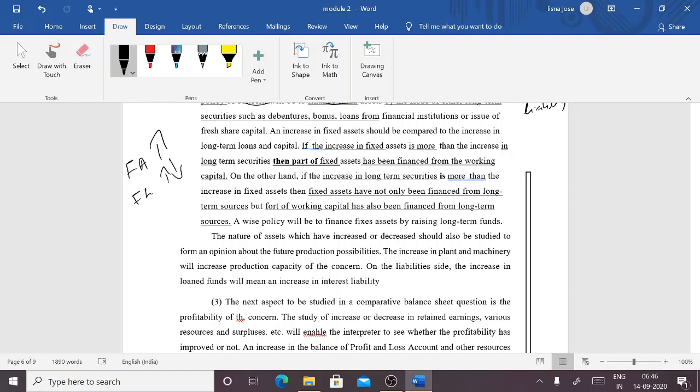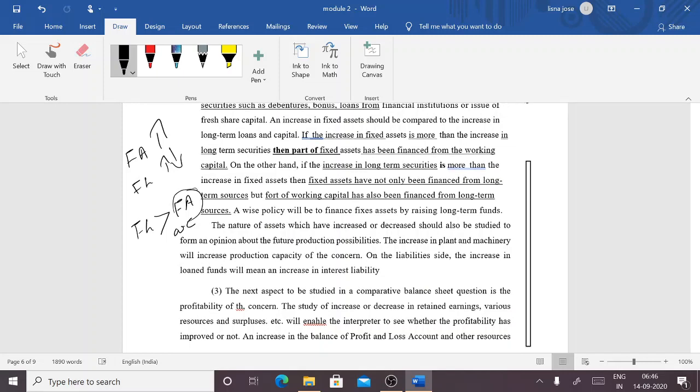Then suppose if fixed liability is greater than fixed asset, that means fixed asset is being financed from fixed liability, and also a part of working capital is being financed from the fixed liability. This is how we analyze the long-term financial position of a company.